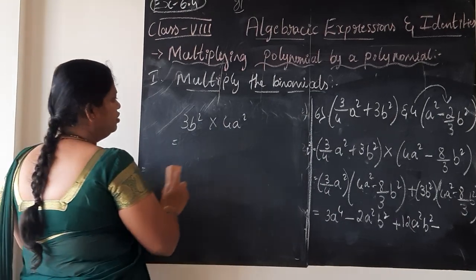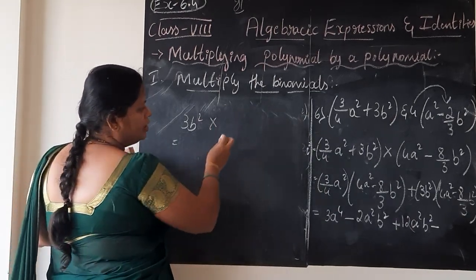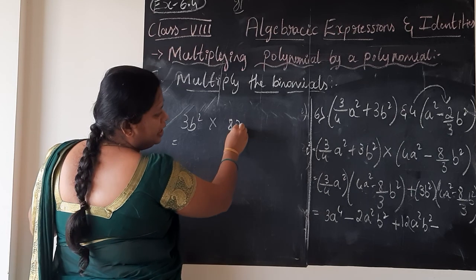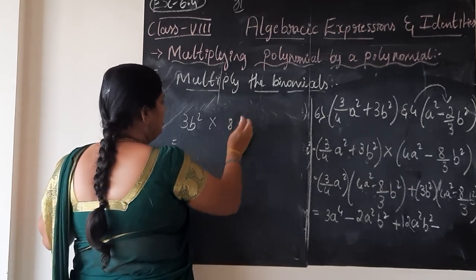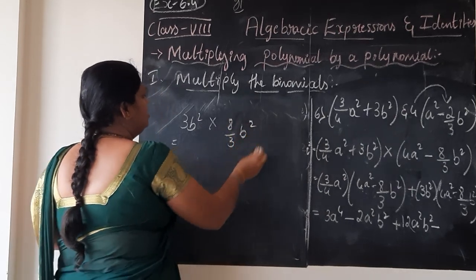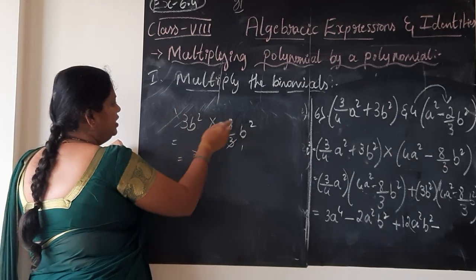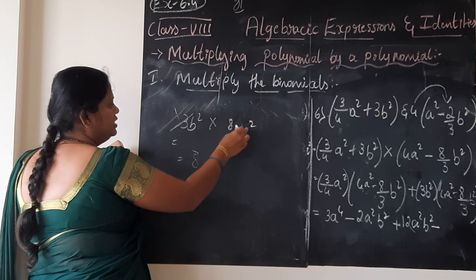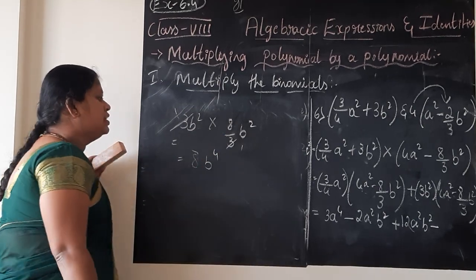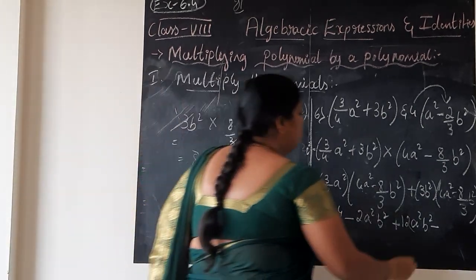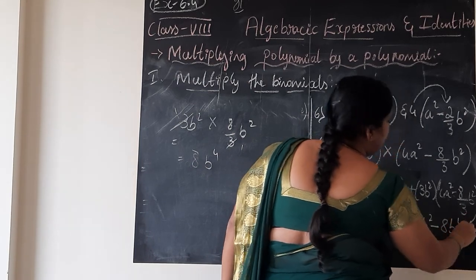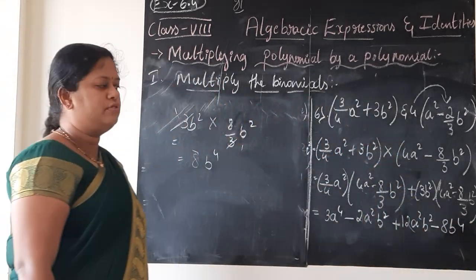Now you have to multiply 3b square by the second term (8/3)b square. When you multiply, 3 ones are 3 ones are. That is 8 into 1 is 8. This 3 got cancelled. B square into b square is b to the power 4, minus 8b to the power 4. This is how you do, children.